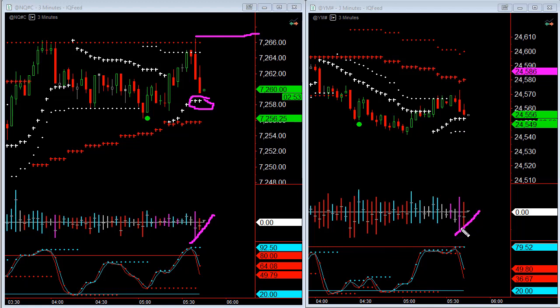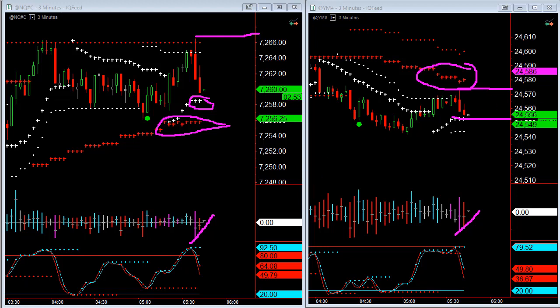Your sellers decreased. You're right at the ATR, so you would anticipate this area being exceeded. Now, the difference between these two is that the ATR is above price over here, the red ATR, and over here, the red ATR is below. So that's the only difference between these two.